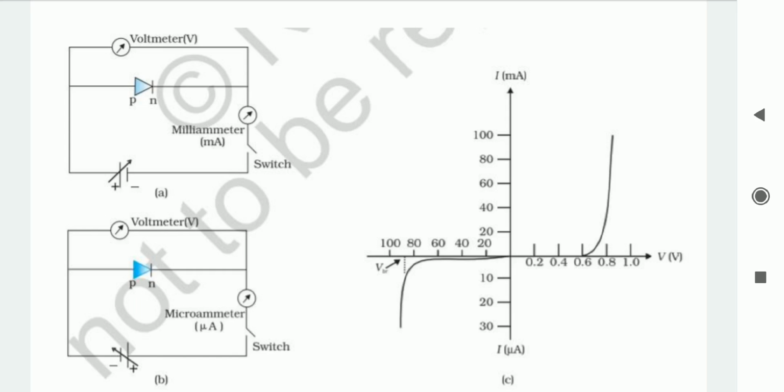Now, as the supply voltage increases, all the voltage drop is across the diode and very little current flows, due to minority carriers, in terms of microampere, as we can see in the diagram on the graph.